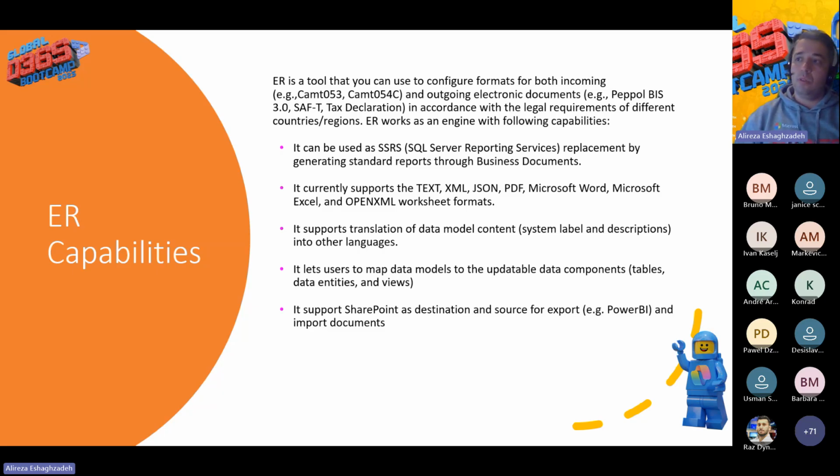And the second part, as I mentioned, since it is created for integration, it nowadays supports both XML and JSON. So you can use this to transmit the data if you want. For example, if you want to use the electronic invoice, you can use this electronic reporting as a main motor to generate the e-invoice file.